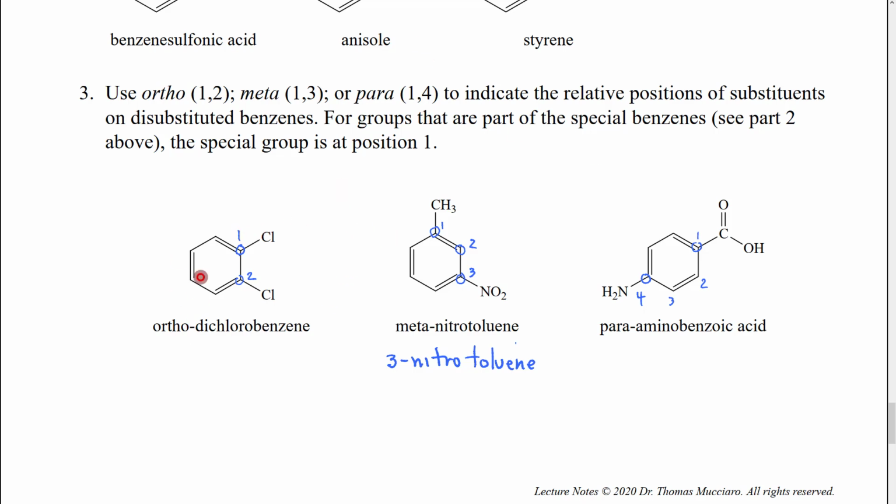What we do is we look at the two substituents and we count how many carbons there are from the carbon attached to the first substituent, any intervening carbon, and then the carbon attached to the second one. So for example, here we see that we start 1 on the carbon attached to the first chlorine. We count here, that's the carbon attached to the second chlorine. So this is 1,2 related. 1,2 related is called ortho. So this is called ortho dichlorobenzene.